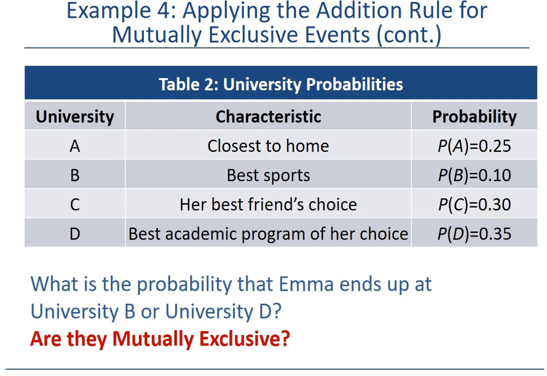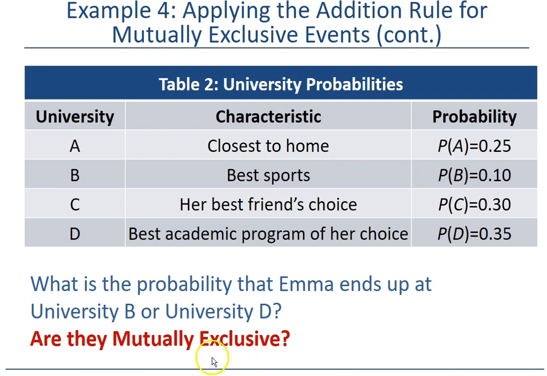So what is the probability that Emma ends up at either University B or University D? What we would look at is the probability of B, 10%, D, 35%, and of course percent is out of 100, so in a sense we could just add the 10 and the 35 and get 45 out of 100.